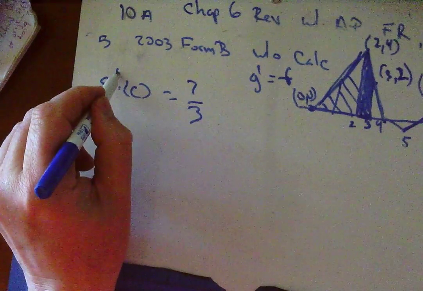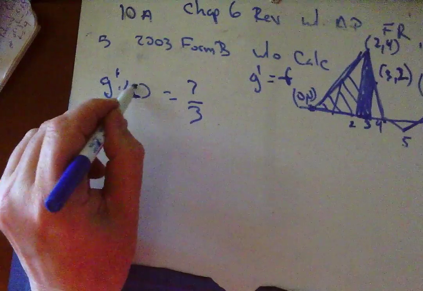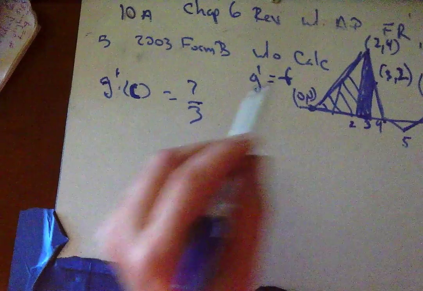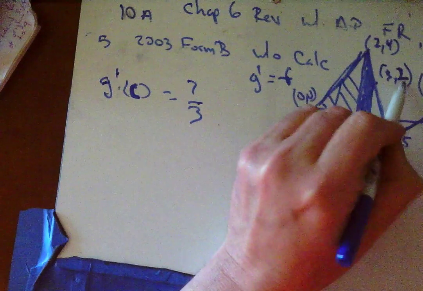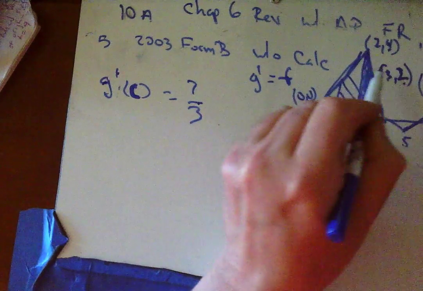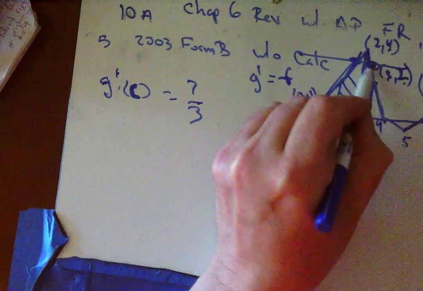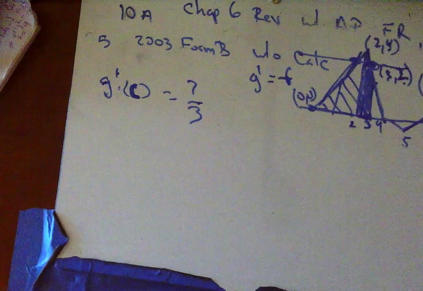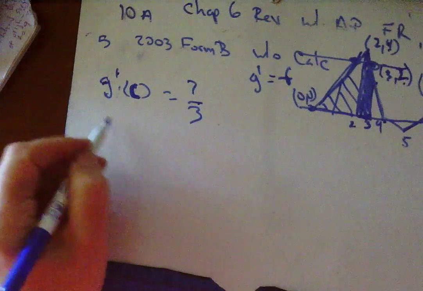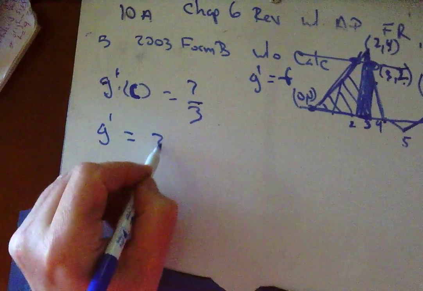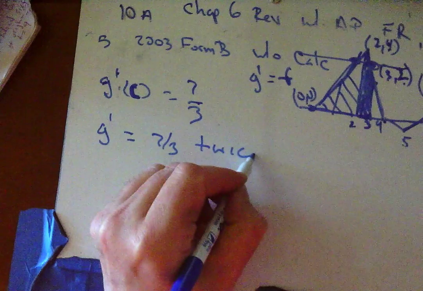At some x value, G prime, the y's, are 7/3. Well, this is 6/3. This is 12/3. Here's 7/3. Yeah, twice. I see twice. How many times? G prime equals 7/3 twice.